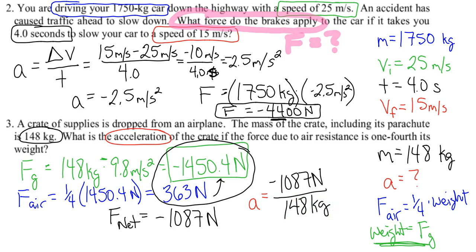So that means that my total acceleration is equal to 7.35 meters per second squared down, so negative. So you can either say negative 7.35 meters per second squared, or you can say 7.35 meters per second squared in the downward direction.